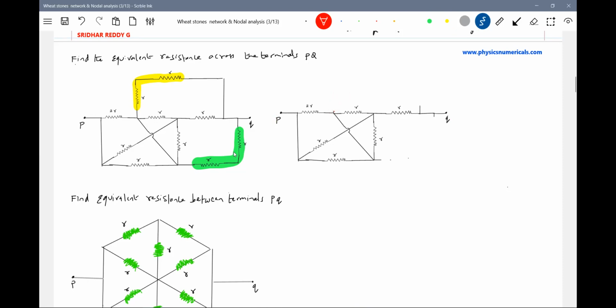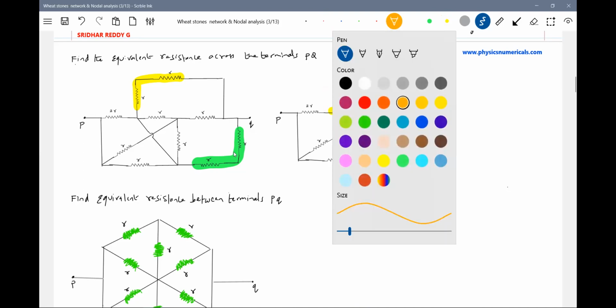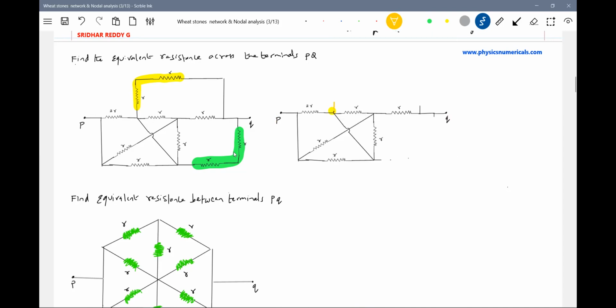I'll replace with that suitable color only. To R, and this part will be 2R, no? And look at this point AB. They're joined by a wire here, no? So that they're common. So again, these will become in fact parallel.